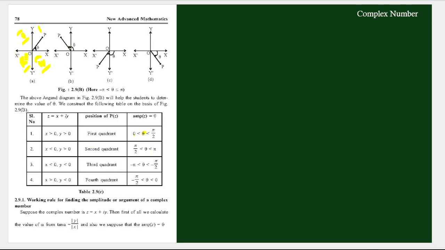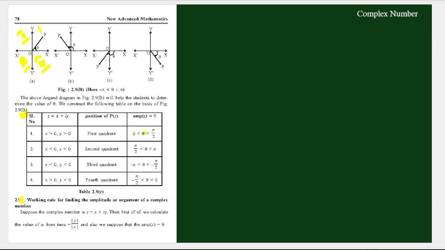If it is in the third quadrant, then it is from minus pi to minus 90. And if it is in the fourth quadrant, it goes from minus 90 to 0. So this table is also important.